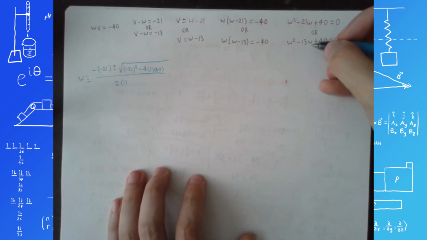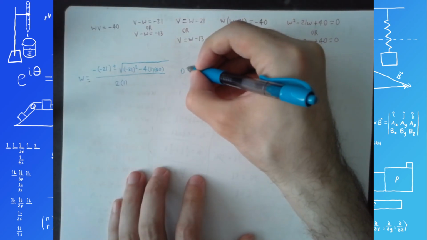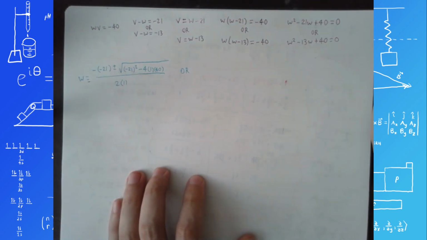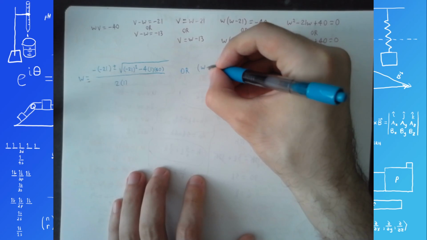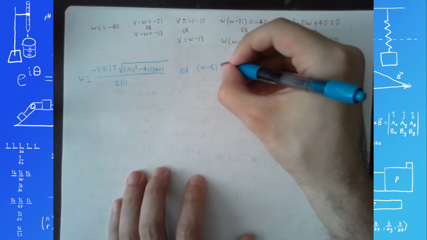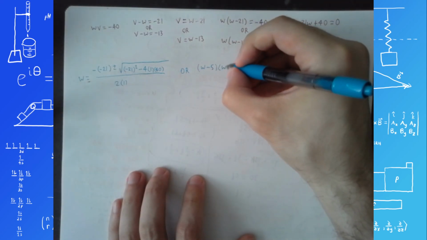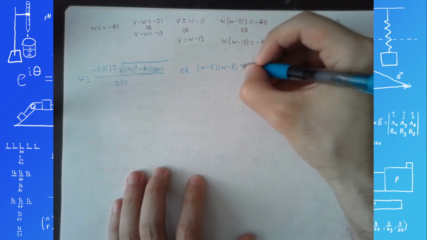In the second case, we have w minus 5 times w minus 8 is equal to 0.